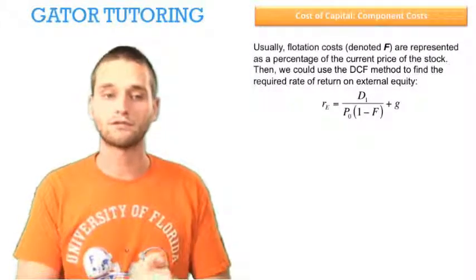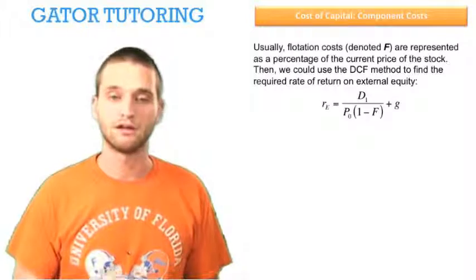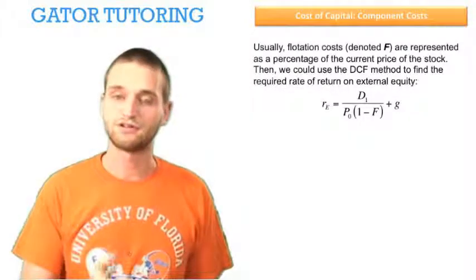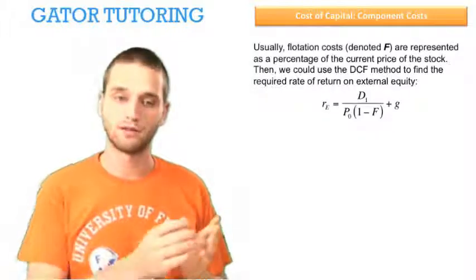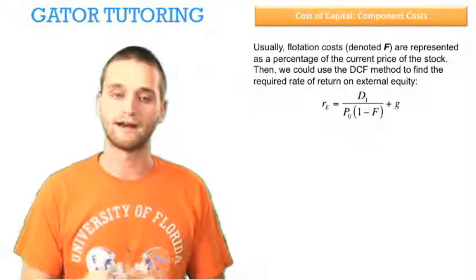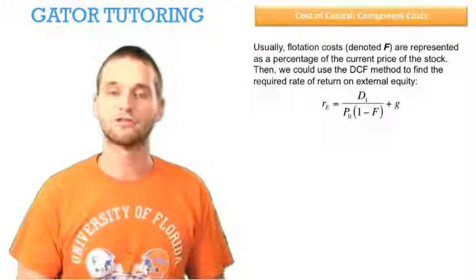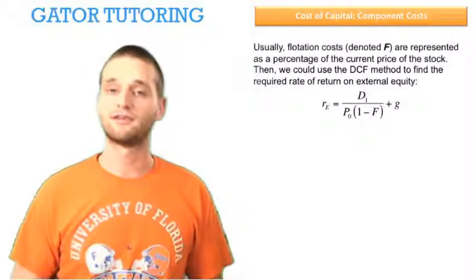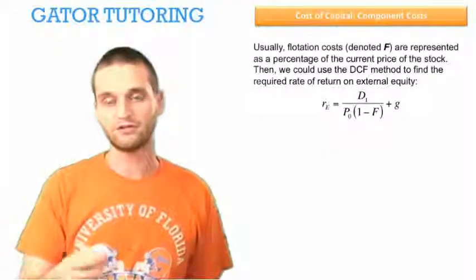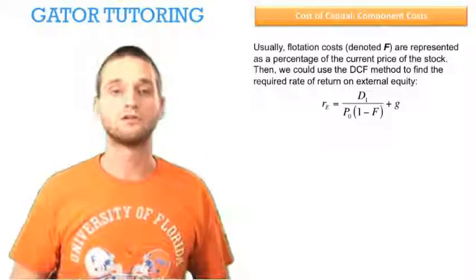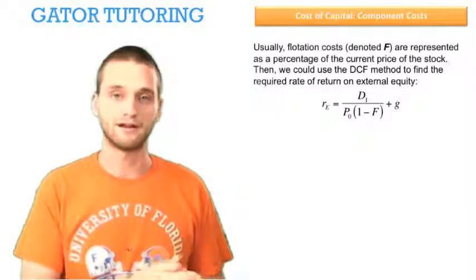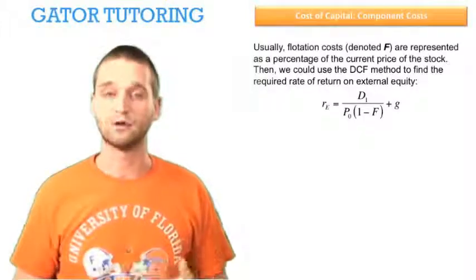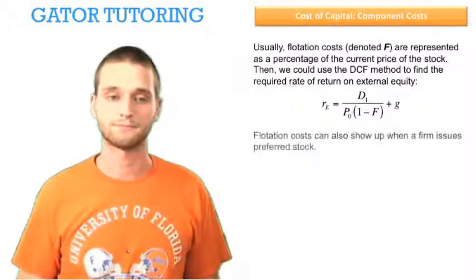So the required rate of return on new external equity is the same formula as before, the discounted cash flows formula, except in the denominator we multiply the price of the stock times 1 minus F, the flotation costs. And this takes into account that there's a difference between the price the investors pay for the stock and what we actually receive, because a margin of that, F%, goes to this intermediary, this investment bank or this broker, in order to issue these new shares of stock.